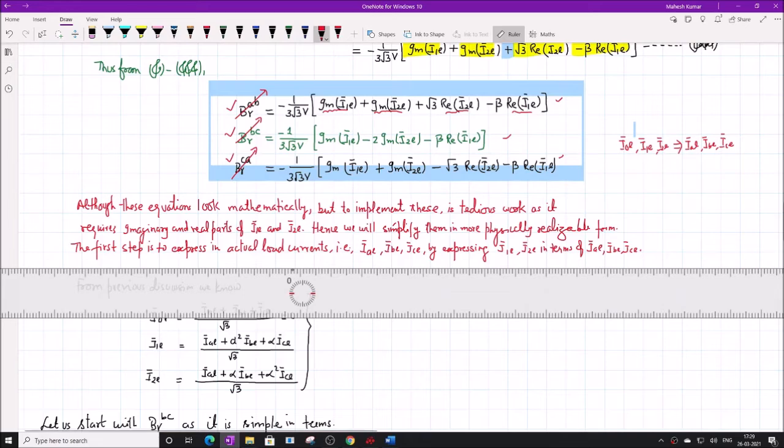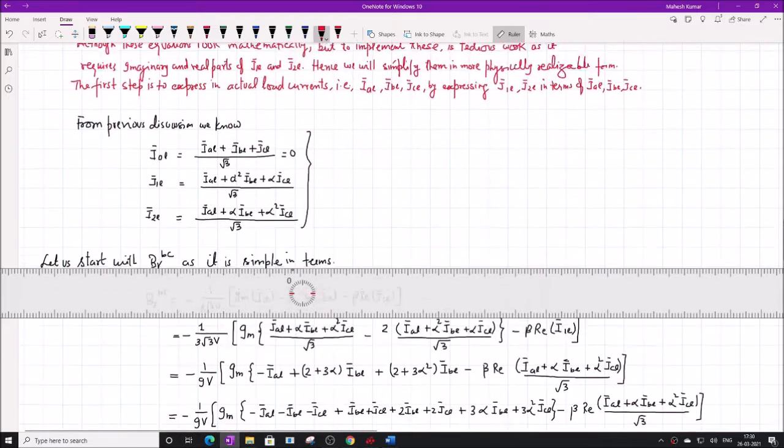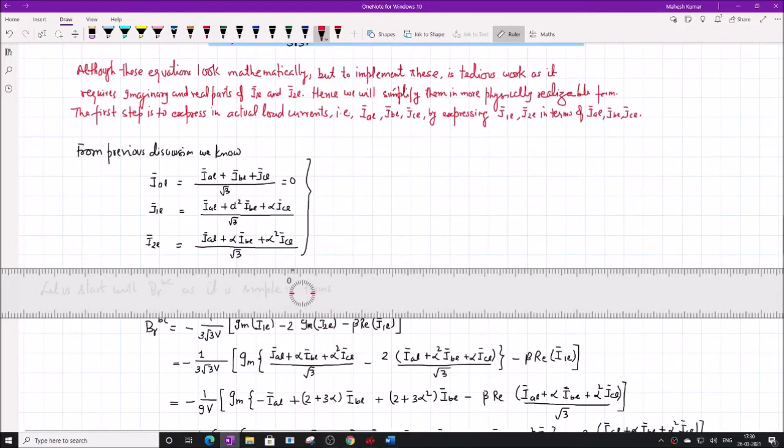That is very simple, because we simply have to express the imaginary and real parts of I1L and I2L and simplify them. We already know these parameters: this is I0L, this is I1L, this is I2L, from the symmetrical transformations. Simply substitute.